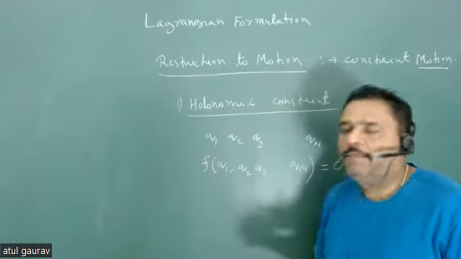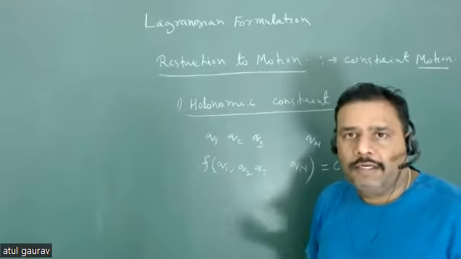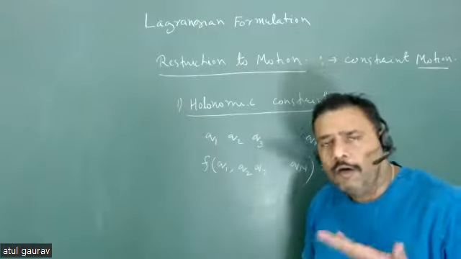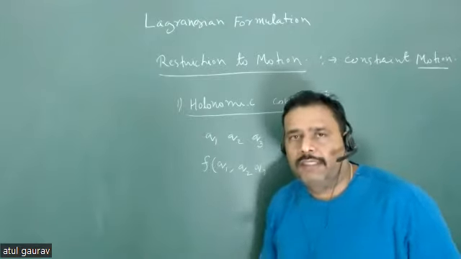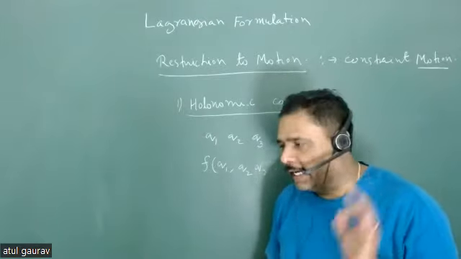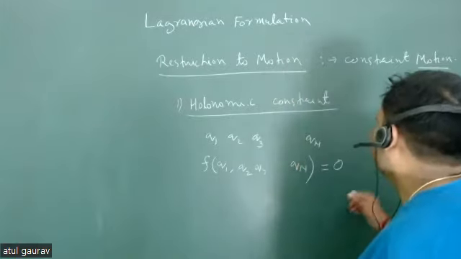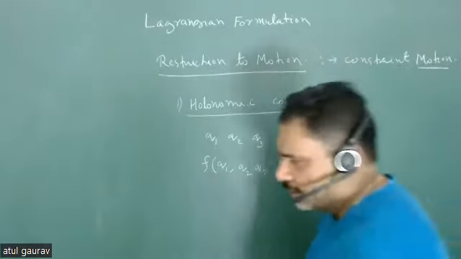So if a relationship between dynamical variables, or a restriction to the motion, can be represented in the form of an equation, then this type of constraint is known as holonomic constraint.